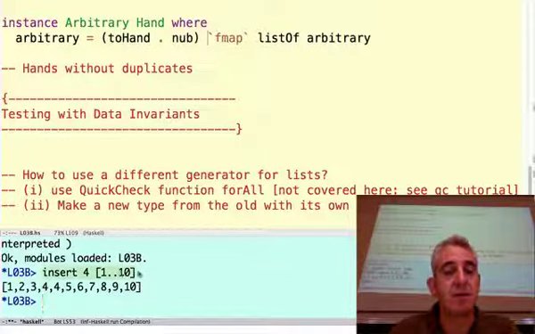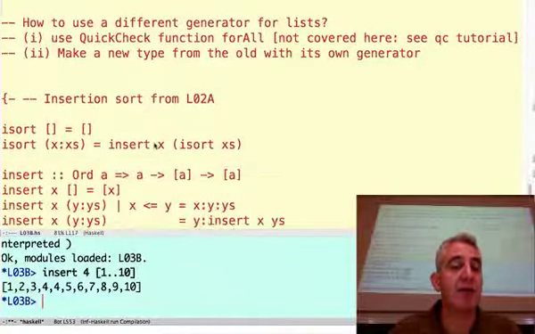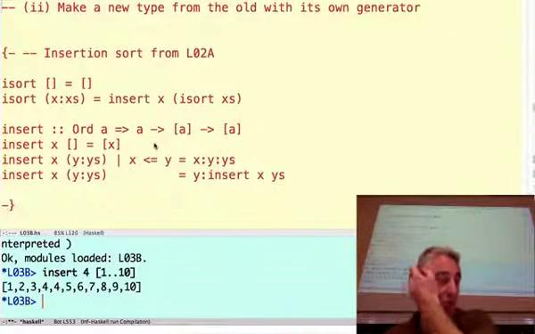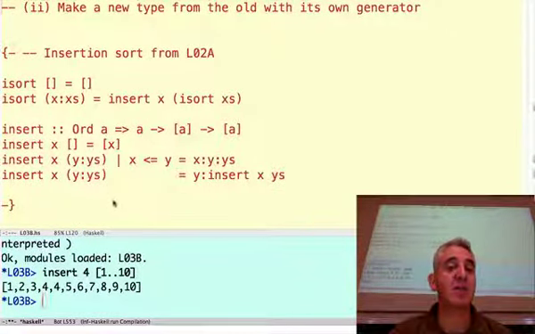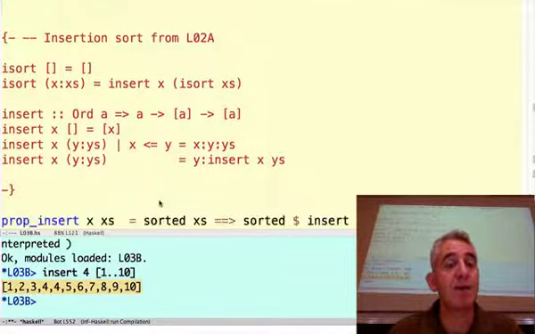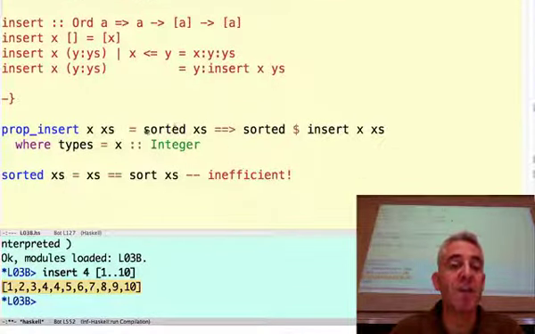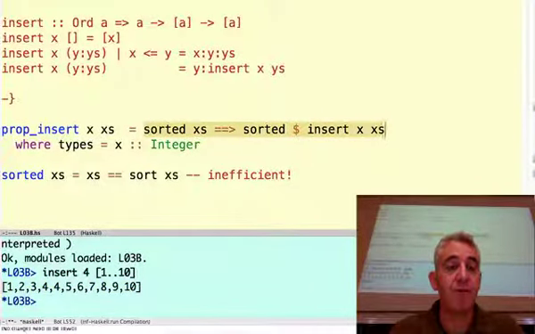And the important property was that if you want to understand that sorting algorithms are correct, then you might need to know that insert is guaranteed always to preserve the property that if you start with a sorted list, you'll end up with a sorted list. So this is a property that we tried early on for the insert function.